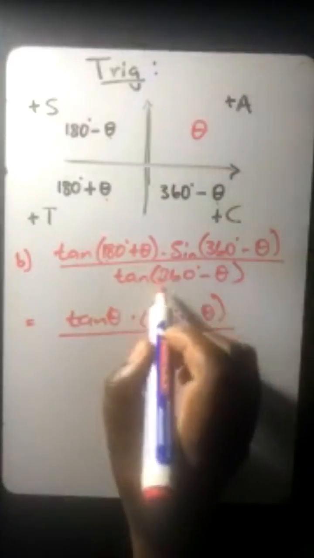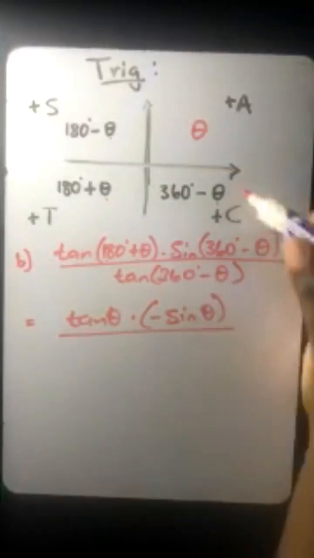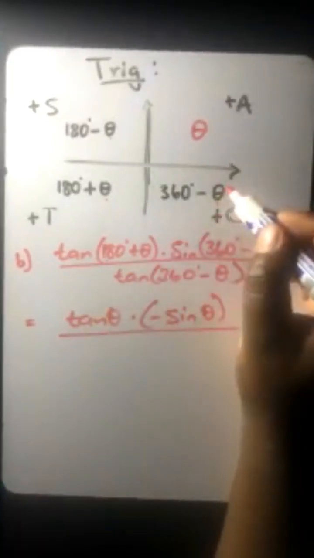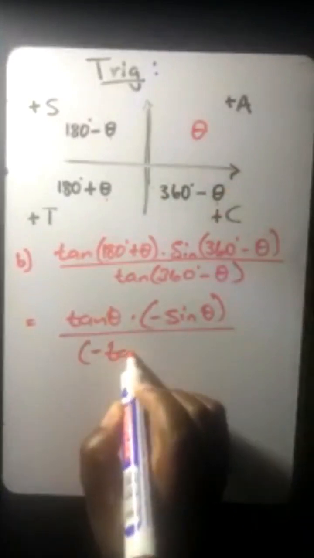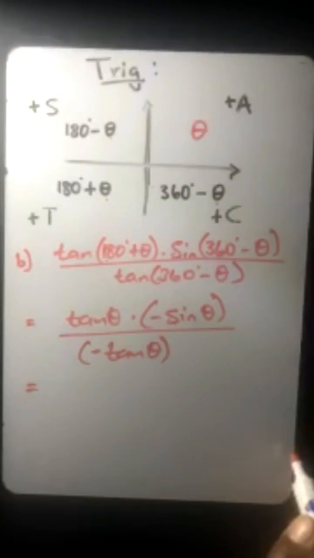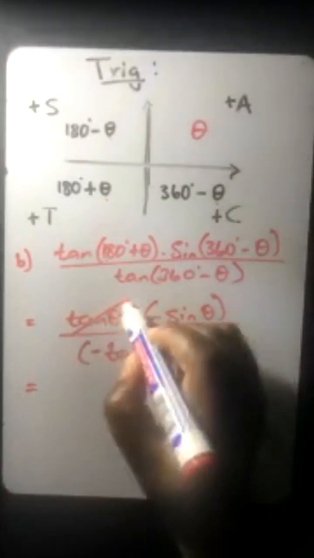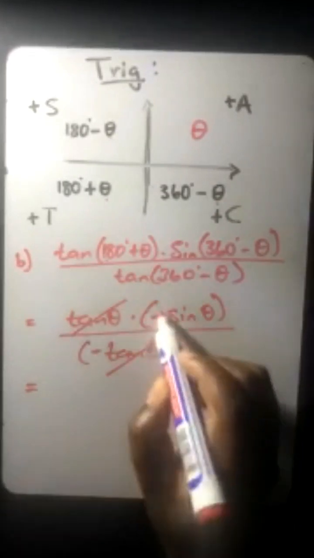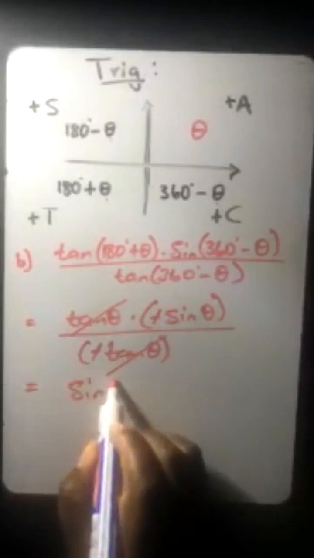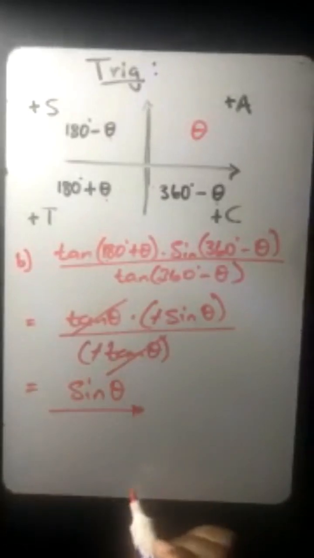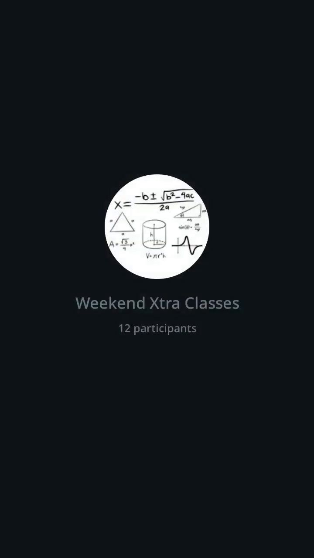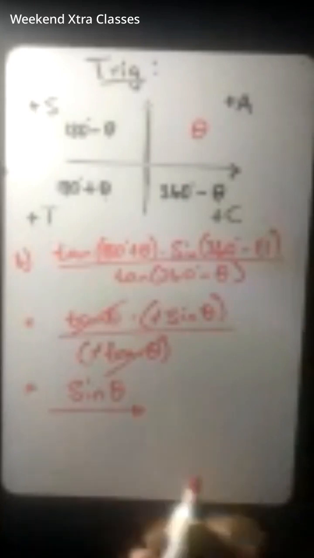What about tan 360 minus angle? In that quadrant tan is negative, so inside the brackets you say negative tan of an angle. Can you see that this tan cancels with that one, and the negative cancels with that negative? In the end you are remaining with sine angle. So the whole of this in its simplified form is the same as sine angle.